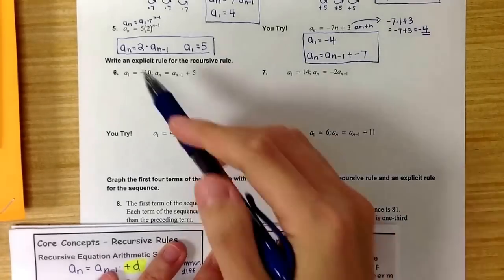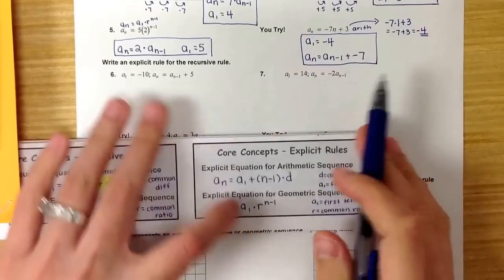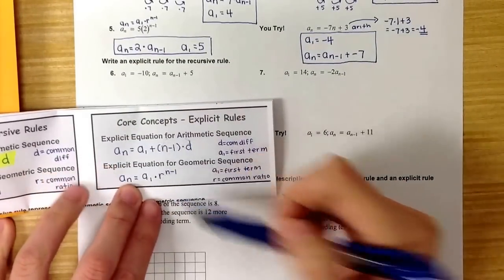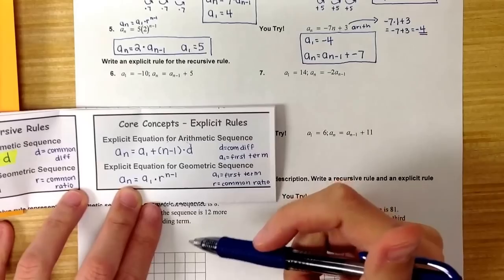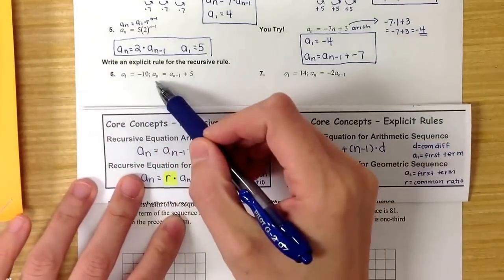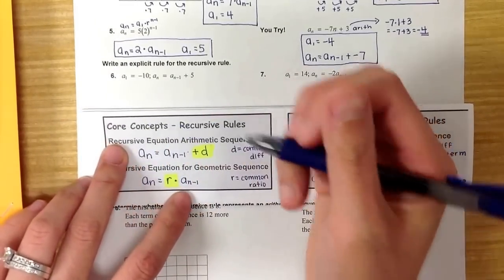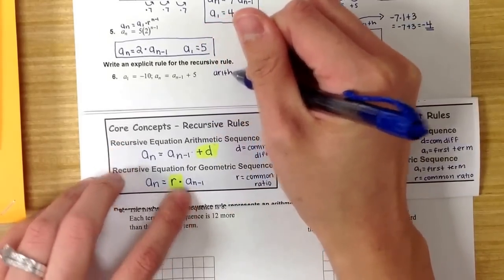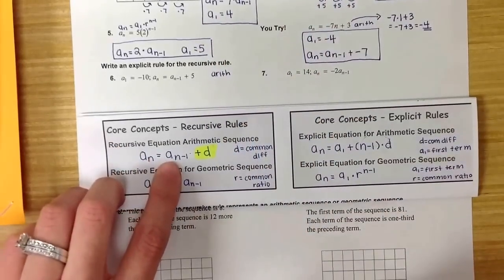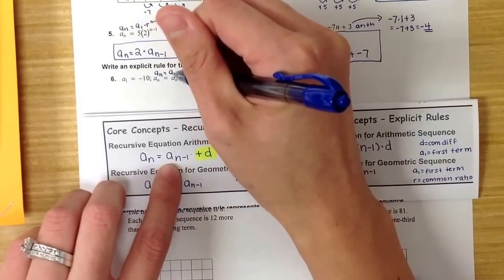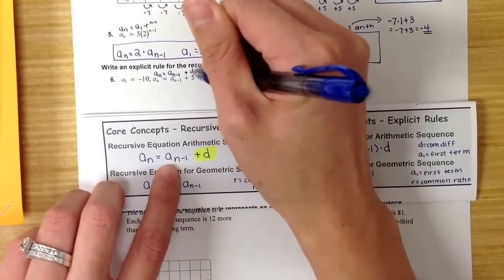Okay, moving on. Write an explicit rule. Okay, so now I know that my answer is going to be one of these two, because it has to be explicit for the recursive rule. Okay, so if they give me recursive, then why don't I write what this is? Well, +5, so I know this was arithmetic. So I'm going to write the original arithmetic formula on top. This is a sub n equals a sub n minus 1 plus d.